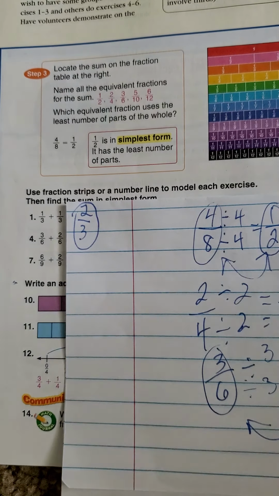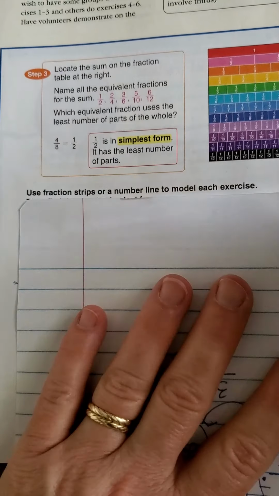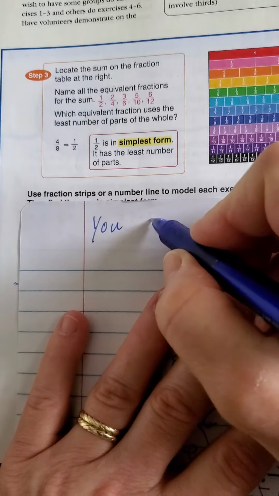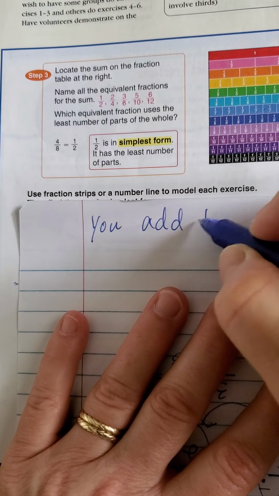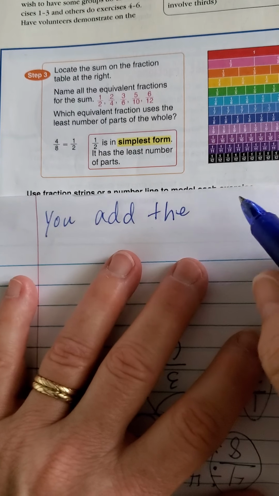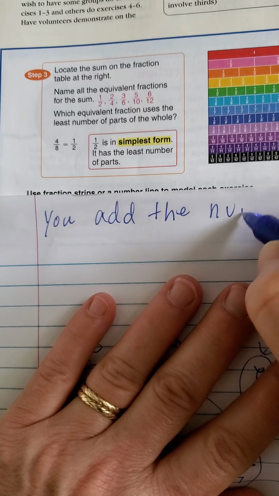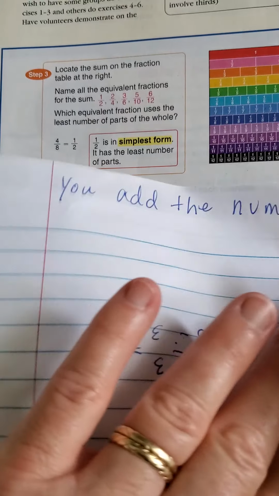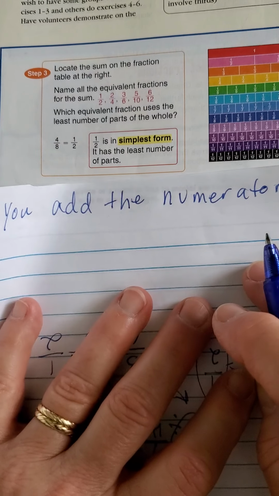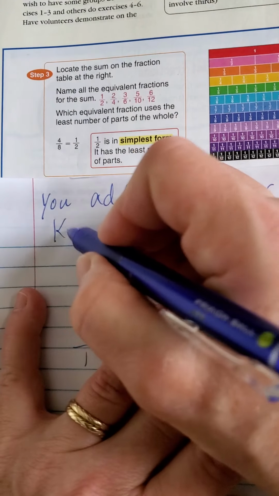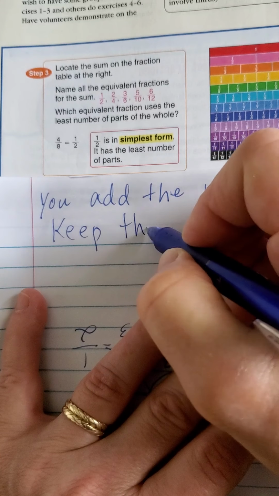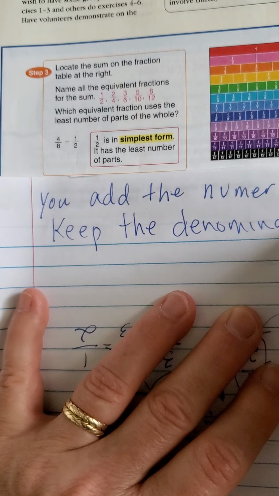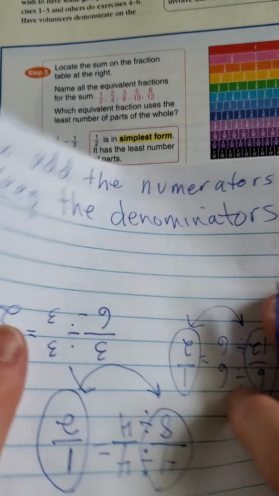Just remember, important things that you need to remember for this are that you add the numerators. You add the numerators and you keep the denominators the same.